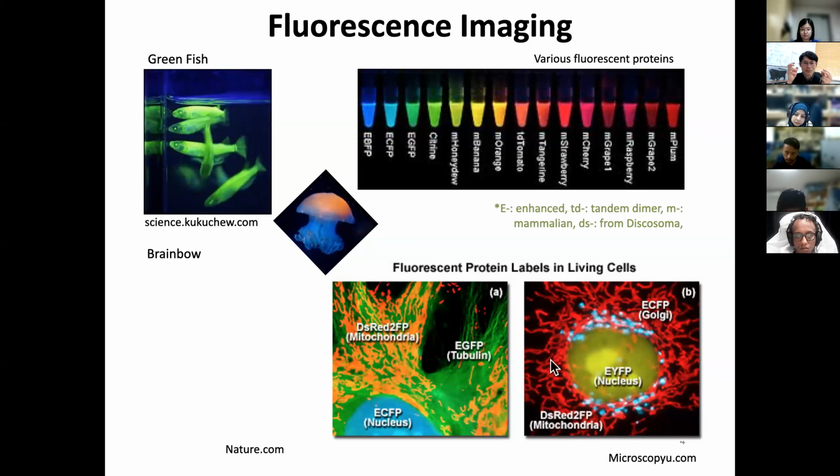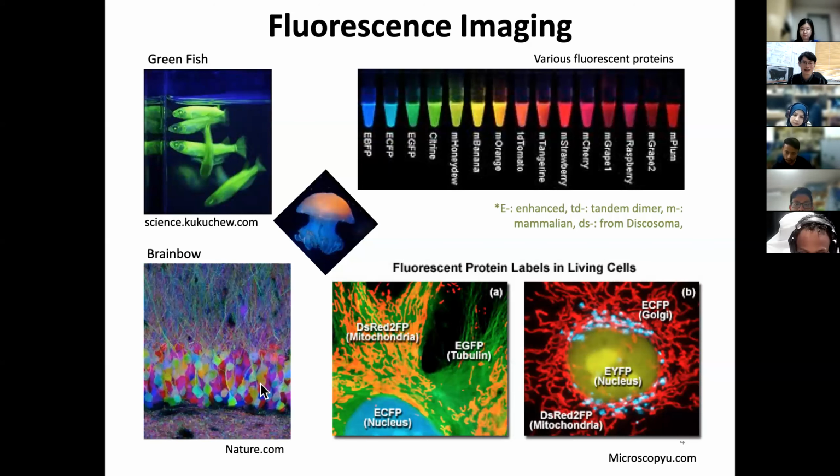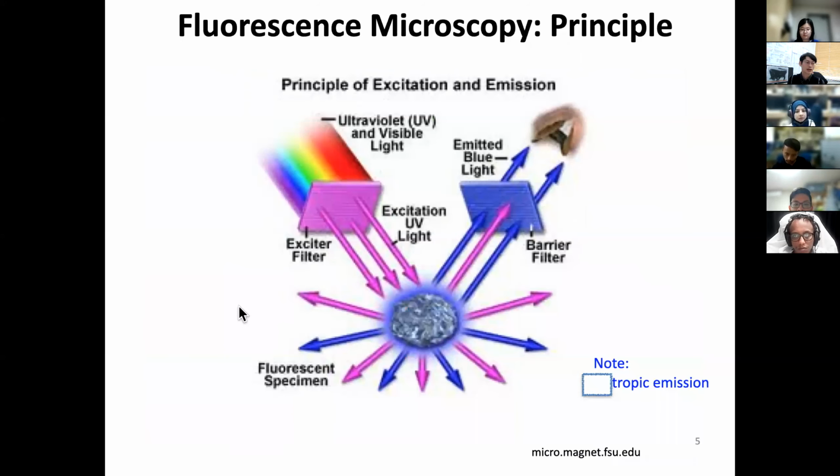You mix them, but the proportion of these RGBs is different, then the result would be different colors. So with this, Jeff Lichtman's lab from Harvard created this Brainbow image. Because the neurons are next to each other, it's very hard to distinguish, but by using a random combination of RGB, you can actually create this kind of beautiful color distinguishing separate neurons. Okay, so all this power is coming from fluorescence.